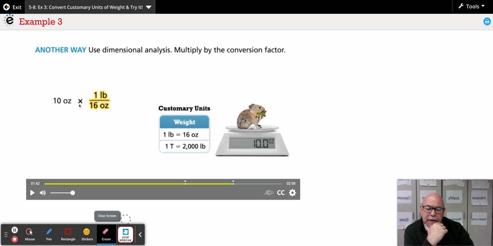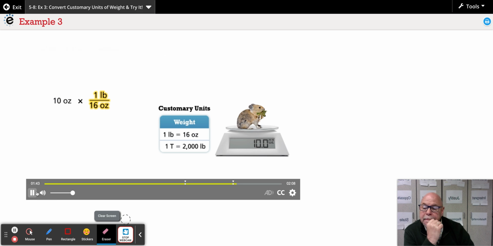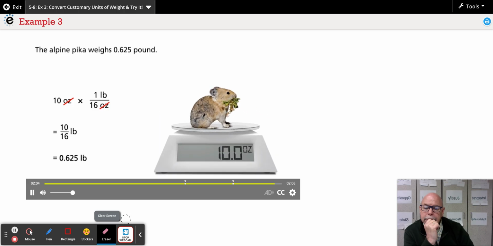So we can just ignore the unit and 10 times that is going to give us the answer in pounds. By using this form of the conversion factor, we can divide out the common units. Ounces cancel out of the expression, so the equivalent expression is 10/16 pound, which in decimal form is 625 thousandths of a pound. The alpine pika weighs 625 thousandths of a pound.